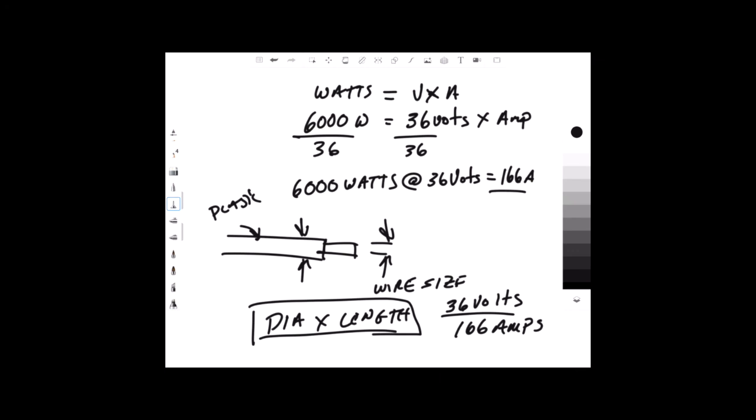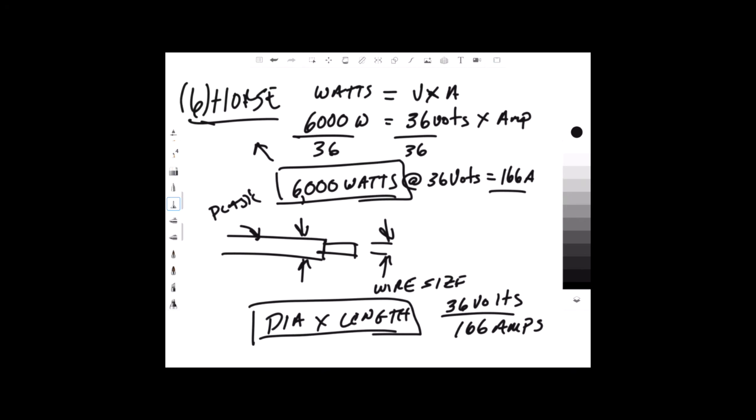So we can go back to horsepower, and if we look at the 6,000 watts, how many horses would that be? Basically 6 horses. A lot of times, the motors are rated by horsepower. It goes way back in time. So we would have a 6 horsepower motor that we would be supplying power.